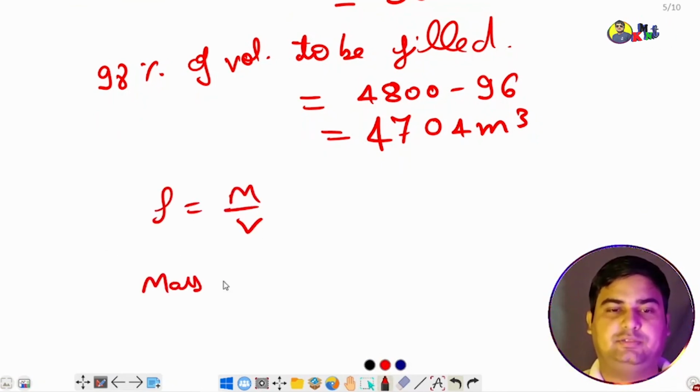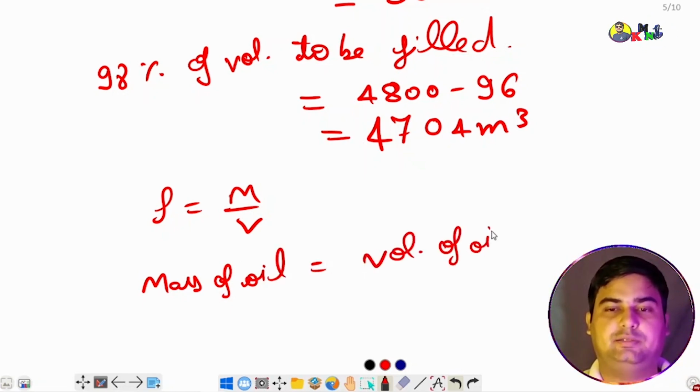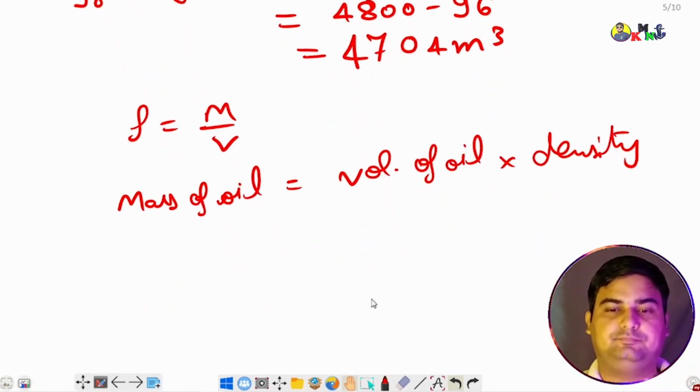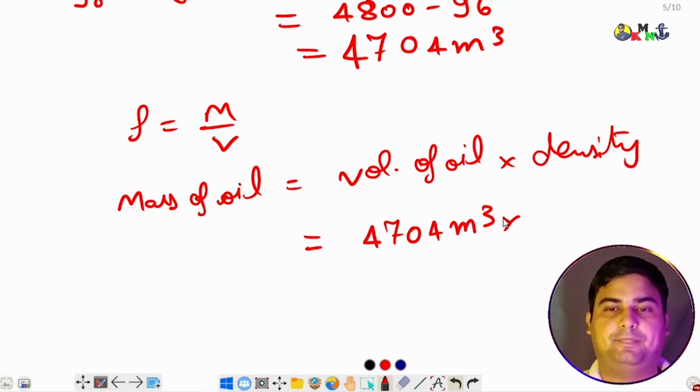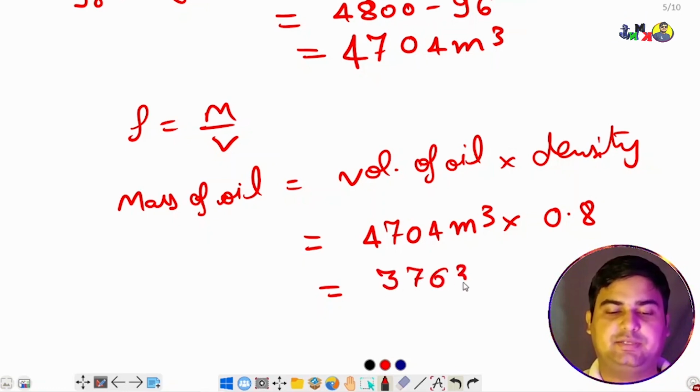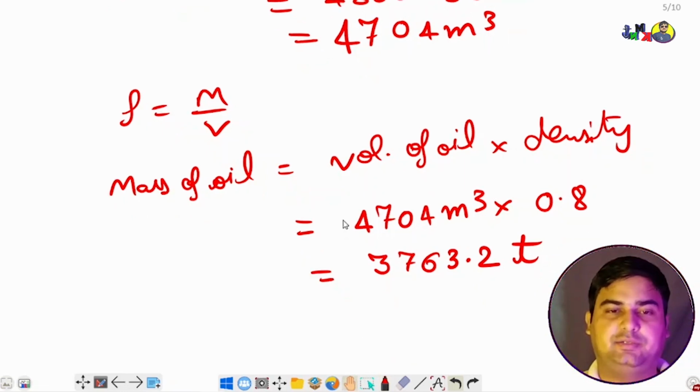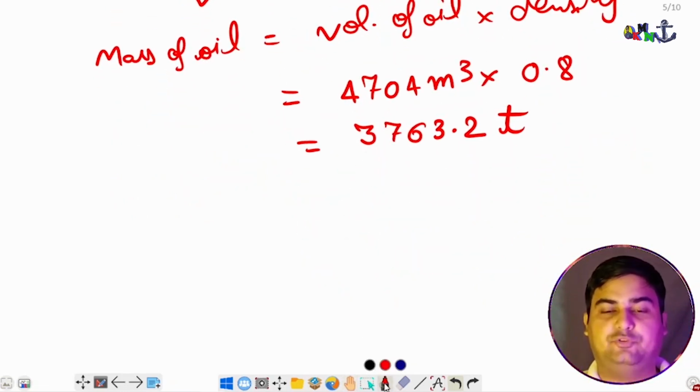So mass of oil is equal to volume of oil into density. Volume we know, 4704 meter cube, into density given, 0.8, will be 3763.2 tons. So this is the mass of the oil which we can fill for filling it to 98%.